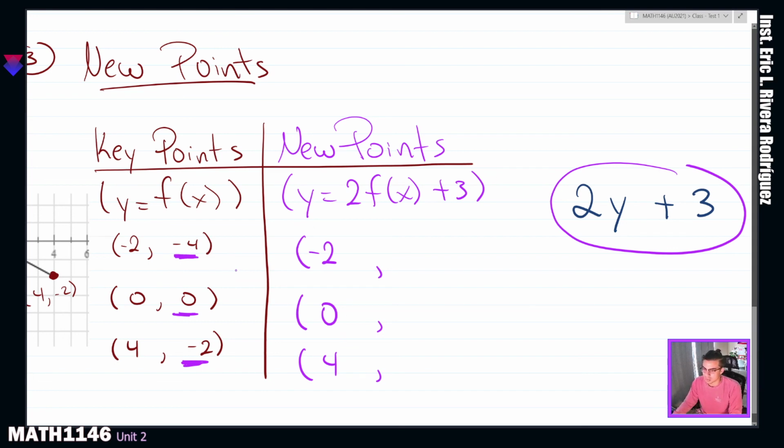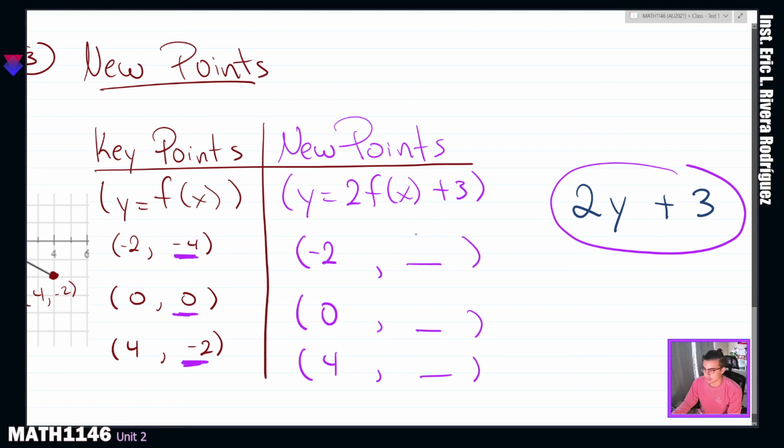Now, how are we going to get the new y values? We are going to grab these y values from the key points and plug those values into y in our equation. Based on that, we are going to get those values.